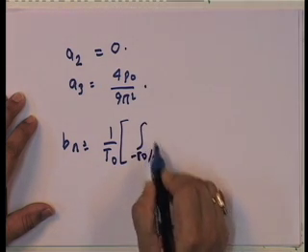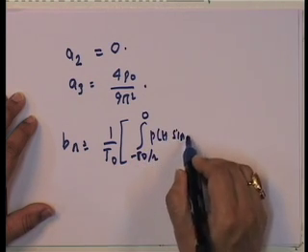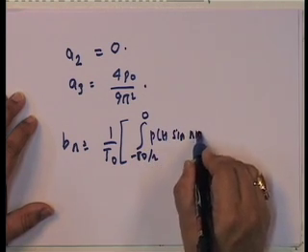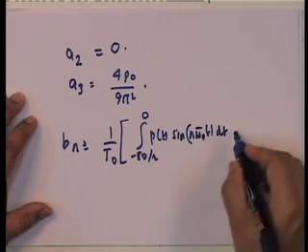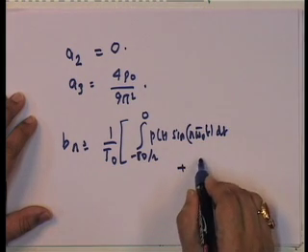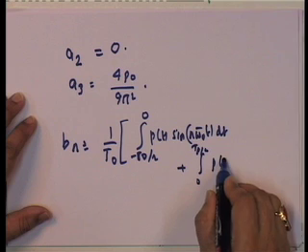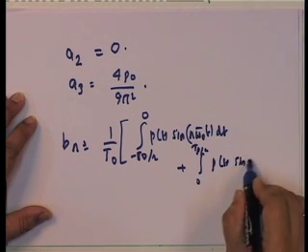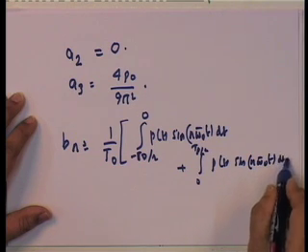minus T 0 by 2 P of t sine n omega 0 t dt plus 0 to T naught by 2 P t into sine n omega dt.